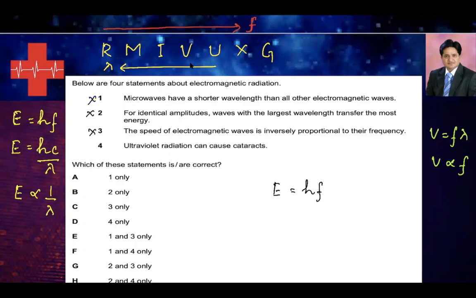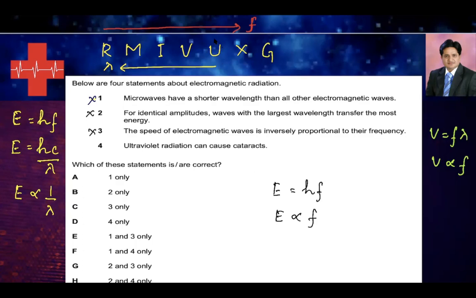You see, this is the visible light, and this is the ultraviolet light. Since the frequency of ultraviolet is high, energy of ultraviolet will be high as well, because energy is directly proportional to frequency.